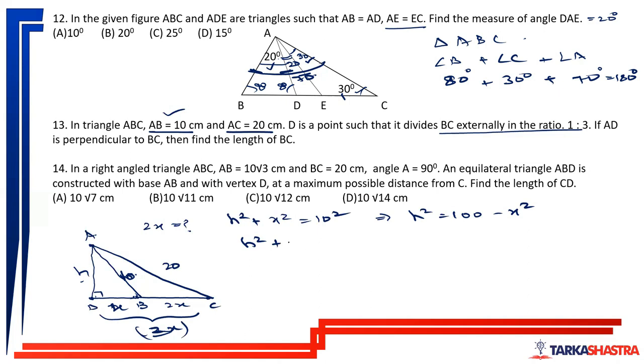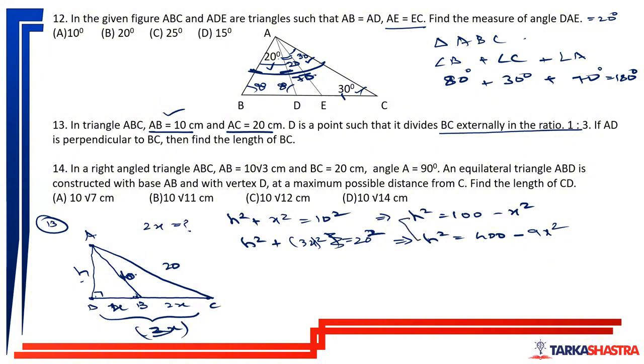DC is 3X. 3X square is equal to 20 square, which gives me H square is equal to 20 square, which is 400, minus this 3X square. 3X square is 9X square.